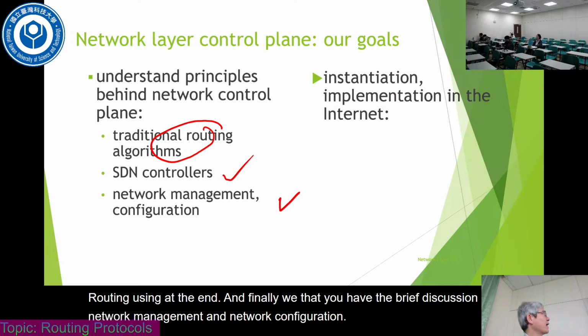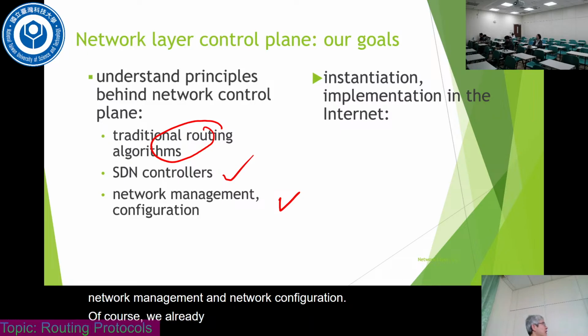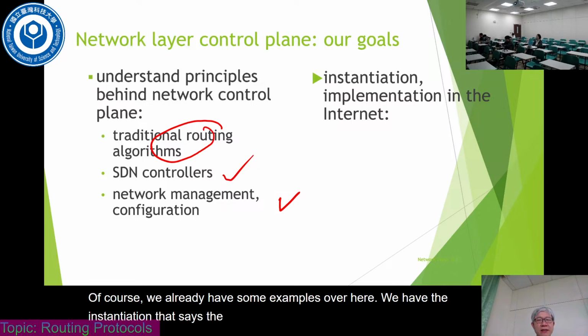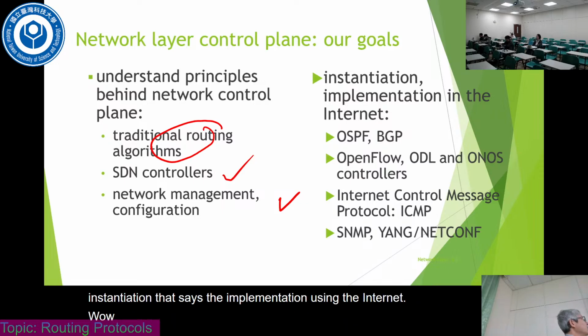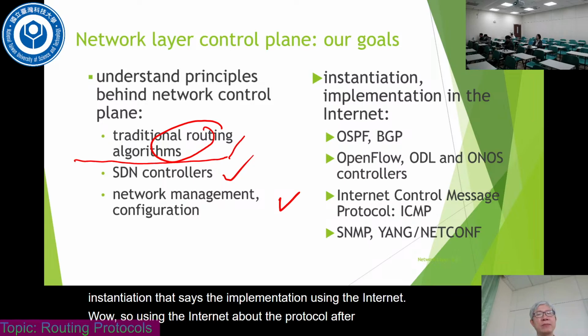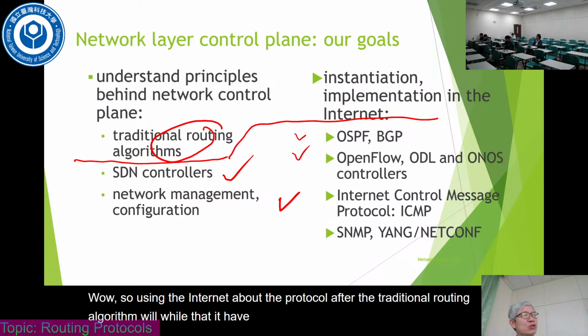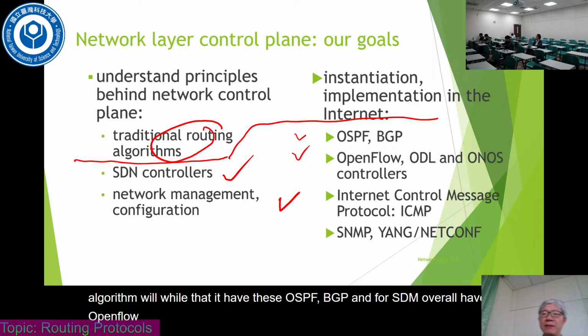Of course, we have some examples. So here we have the instantiation, that is, the implementation in the internet. Using the internet protocols after the traditional routing algorithm, we will have OSPF and BGP, and for SDN we will have OpenFlow, and the specific controllers ODL and ONOS.